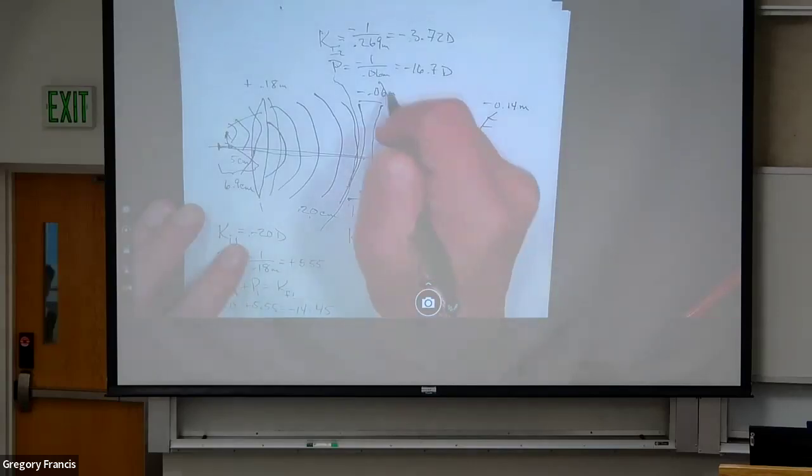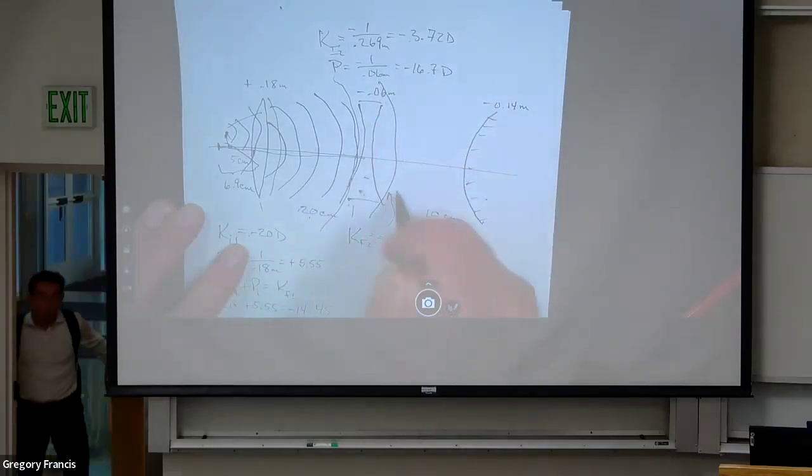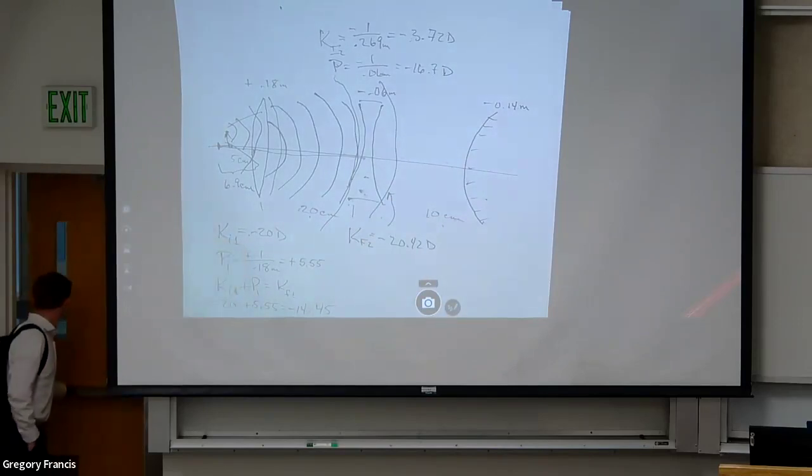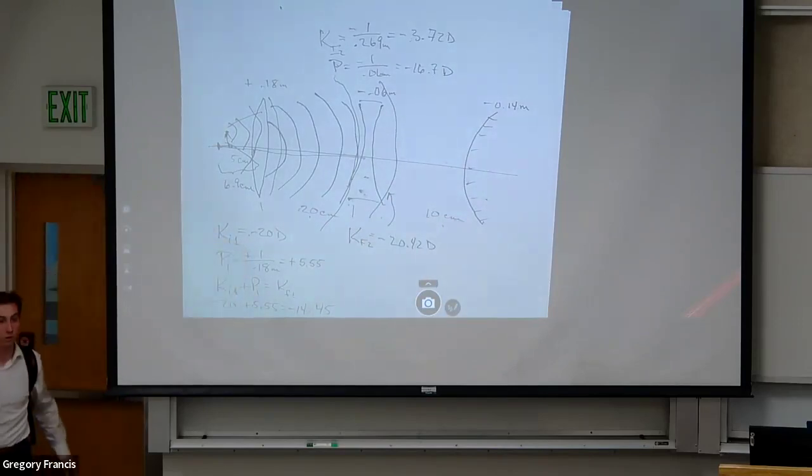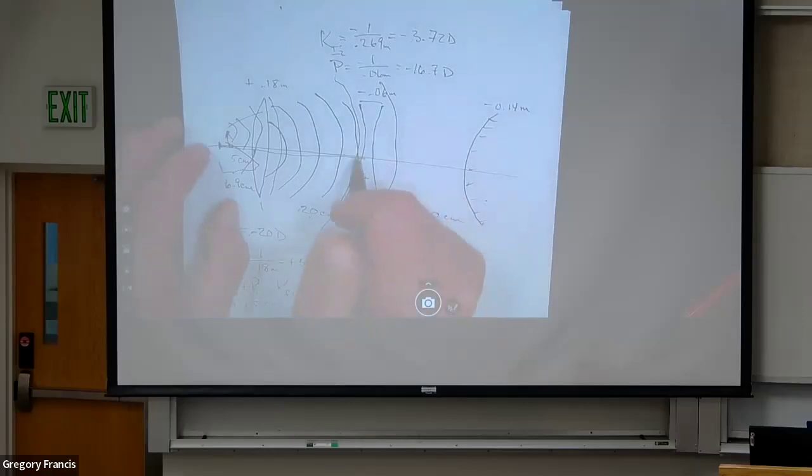Okay, and that's gonna be right here. Negative 20.42. That's going to look like it is 4.9 centimeters back. It's a negative radius, so that means it's going to be back here, 4.9 centimeters. So that's where the image is now going to appear to be coming from.